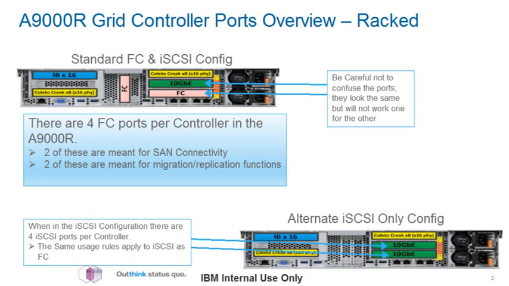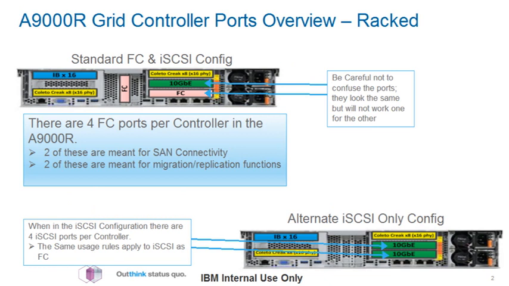However, we highly recommend that you stick to the standard 2 and 2 setup. On the bottom right is the alternative iSCSI only configuration. Same rules apply to the iSCSI config. 2 of those are meant for SAN connectivity and 2 are meant for migration and replication functions.